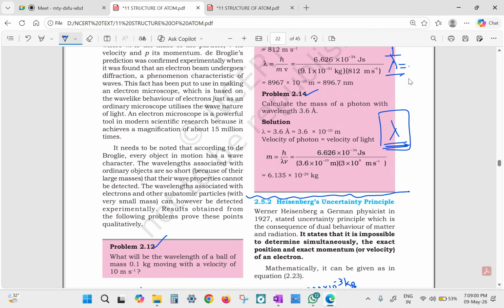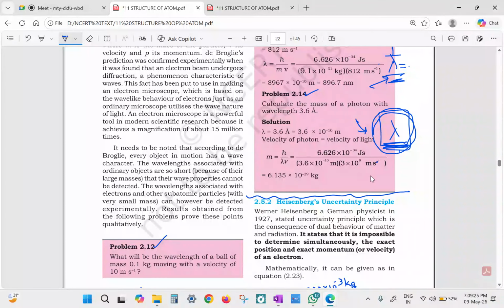In Bohr's model, lambda was for light. This lambda is for an object behaving as a wave, whereas that lambda was for when an electron is moving from one level to the other, electromagnetic radiations are given out. So that lambda was for the energy given out, whereas this lambda is about an object behaving as a wave.